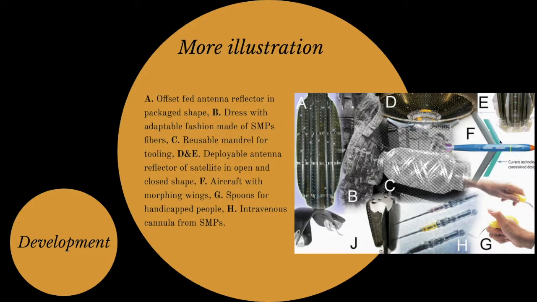F is the morphing wings, so you can have wings for an aeroplane that can change shape. It can morph its shape depending on the fluid, depending on the turbulence. And then G, spoons for handicapped people, so it will fit their hands. And then H, that is the intravenous cannula made of shape memory polymer.